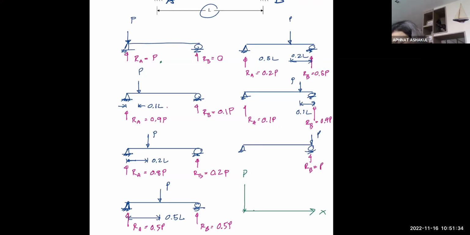When the load moves to this point, which is this free body diagram, I now have 0.9 P. At the location 0.2 L, I now have the magnitude equal to 0.8 P. At midspan here, I now have 0.5 P. Moving to 0.2 here, I now have 0.2 P, and 0.1 P, and gradually things become zero.